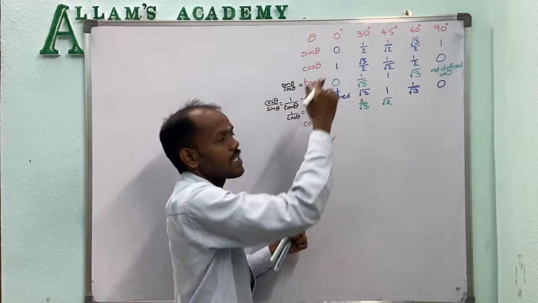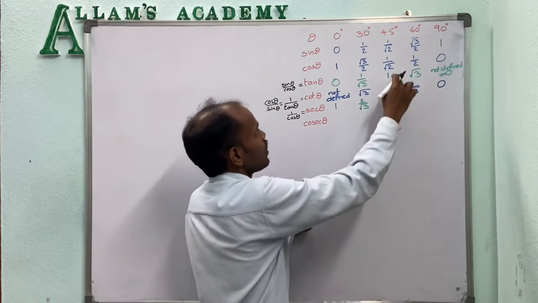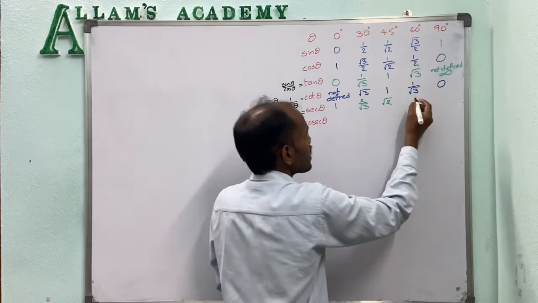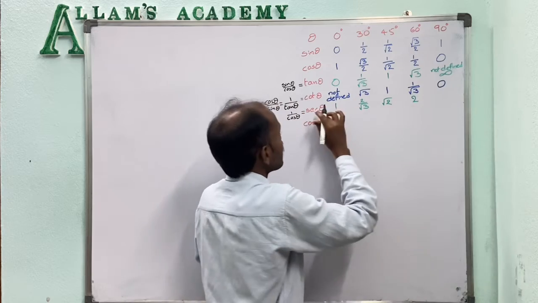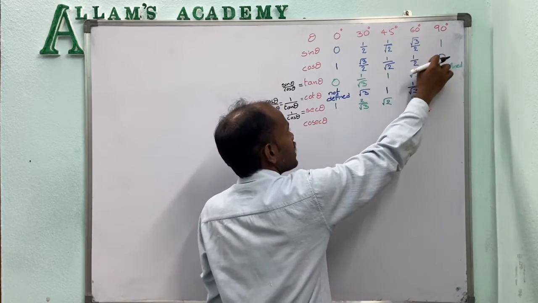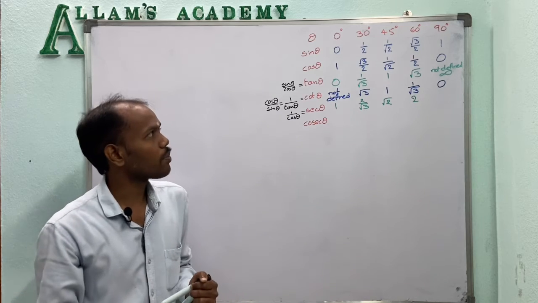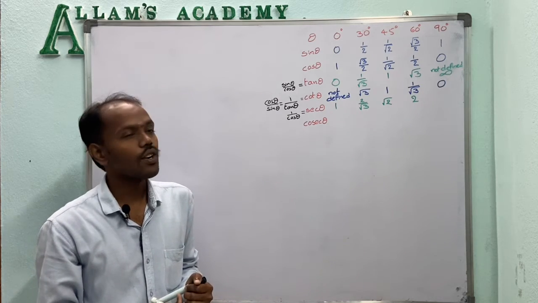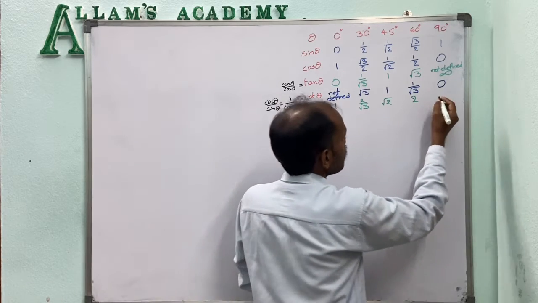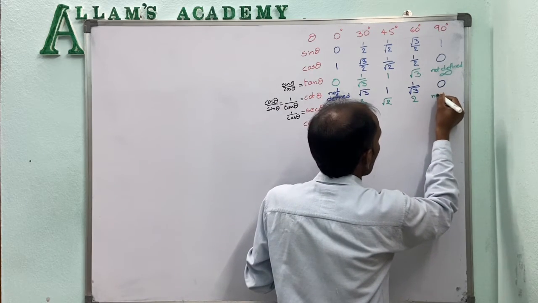Next, sec 60 degrees equal to reciprocal of 1 by 2 is 2. So sec 60 degrees equal to 2. Next, sec 90 equal to reciprocal of cos 90, which is 0. Reciprocal of 0 is not defined. So sec 90 is not defined.